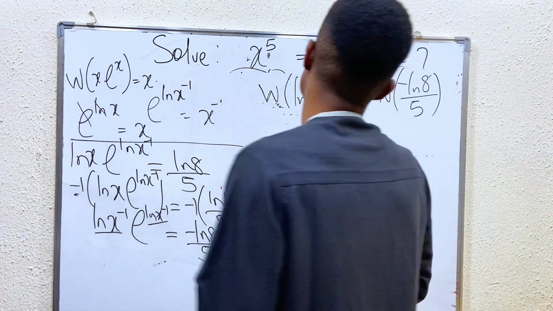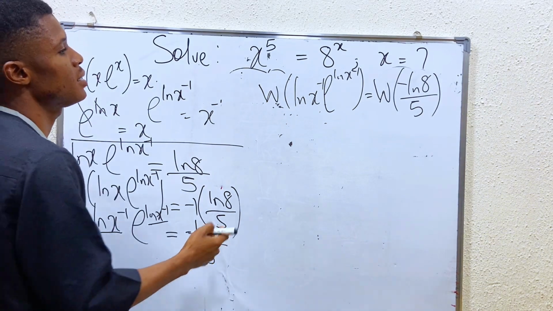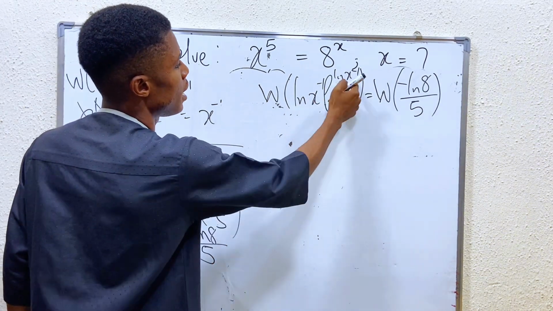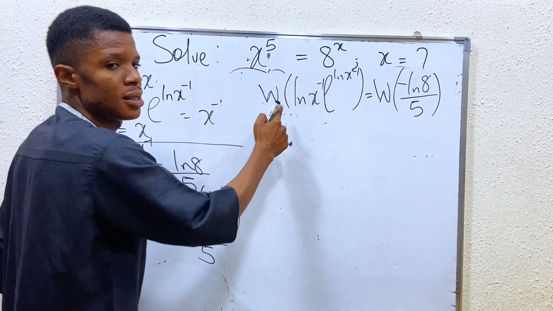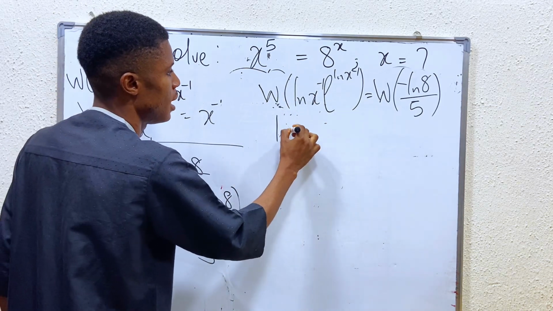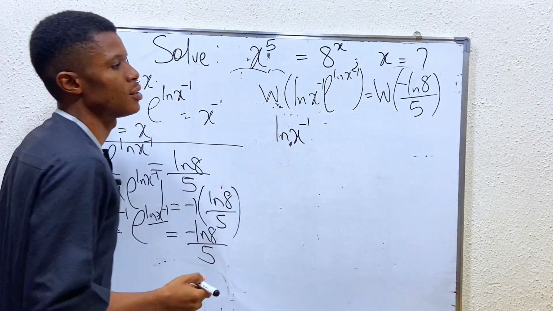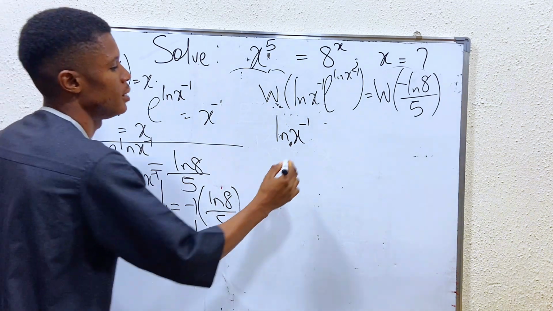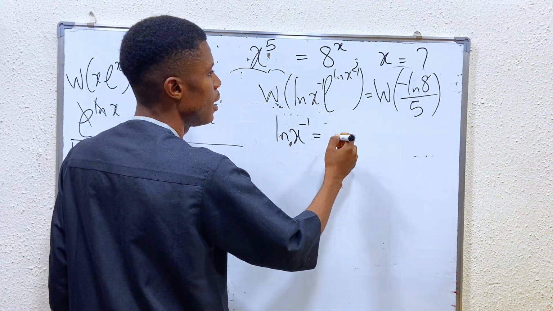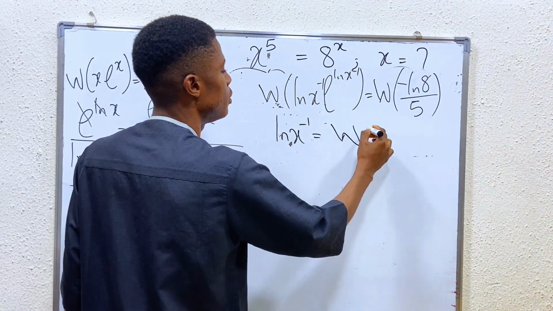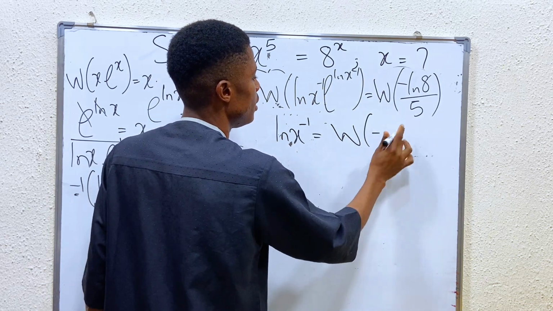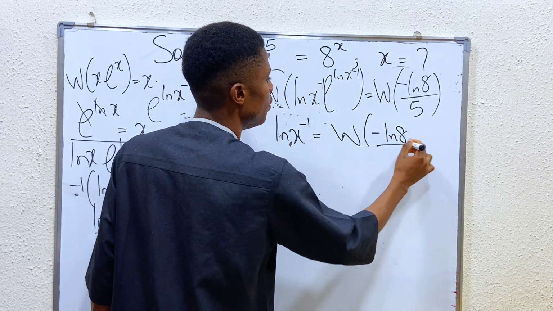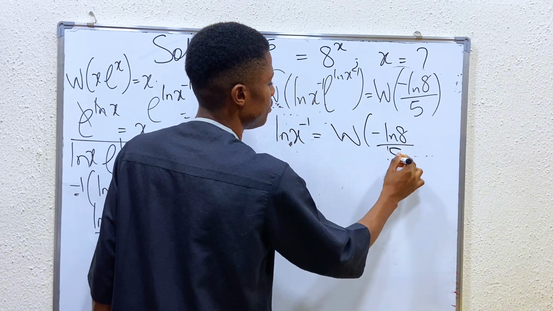Since these two are the same, the output of the Lambert W function still remains this. So the output will now be (ln x)^(-1), and that equals the Lambert W function of minus ln 8 over 5.